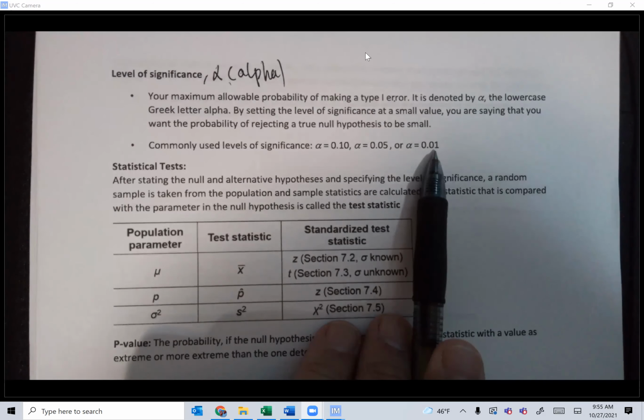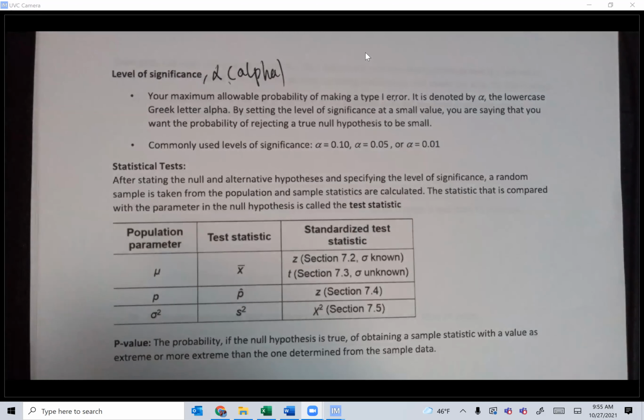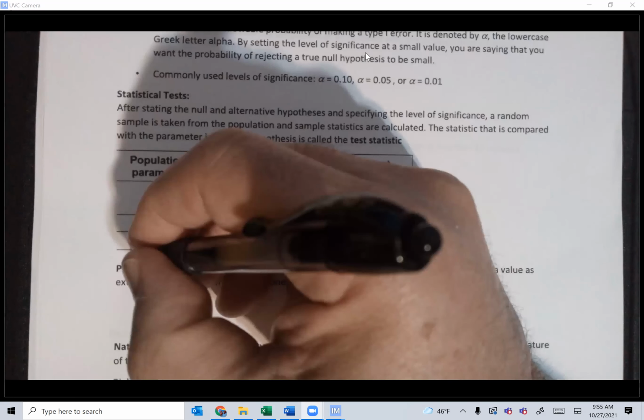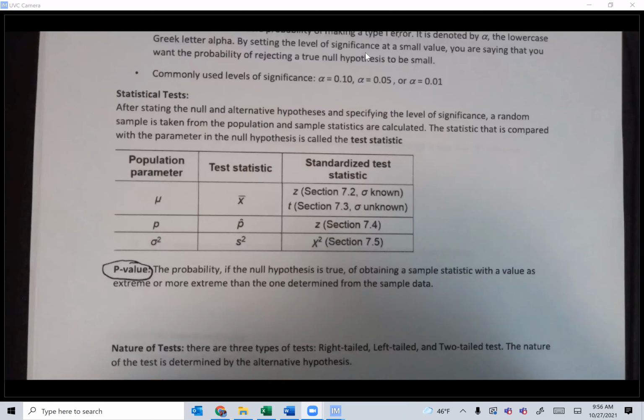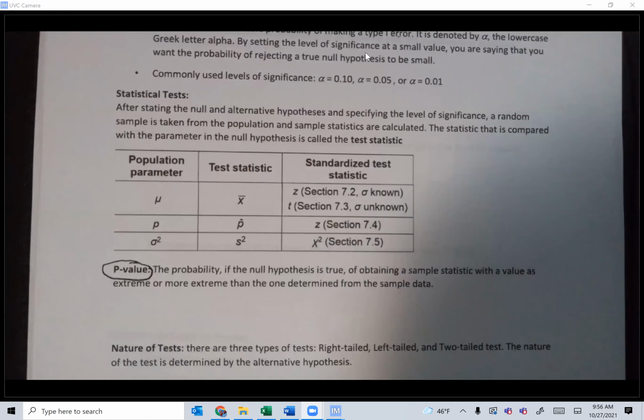Okay. Now, for the p-value, guys. This is the big thing here. Okay. As I told you guys, we're gonna make a decision. You're gonna learn hypothesis testing.